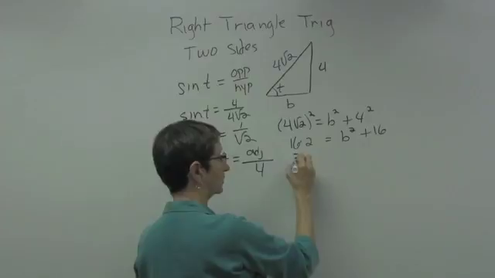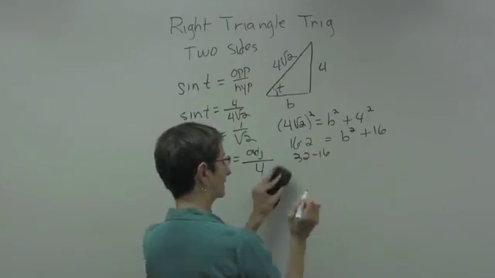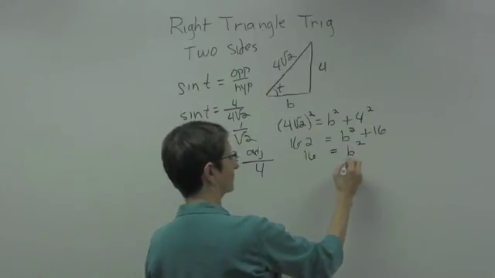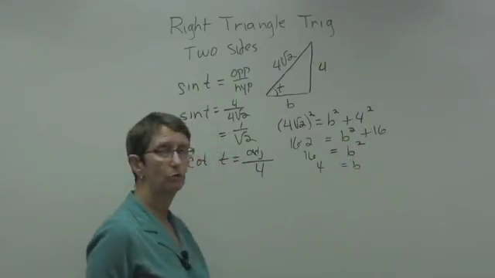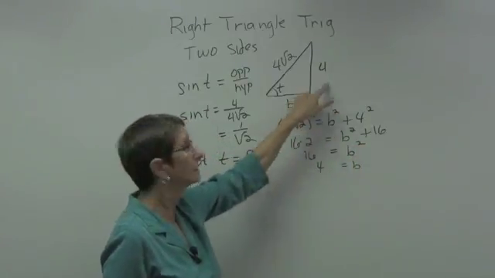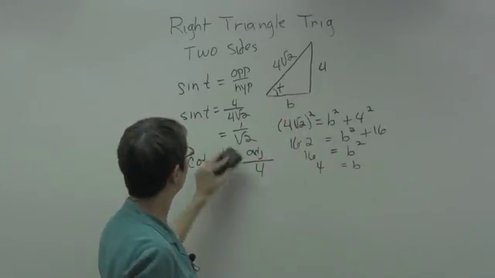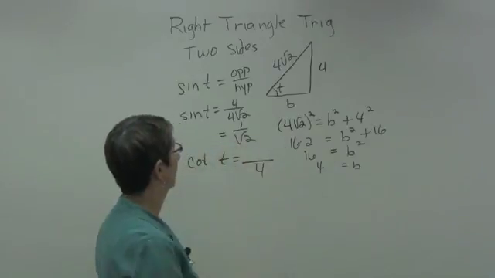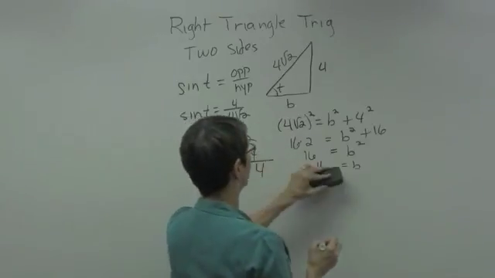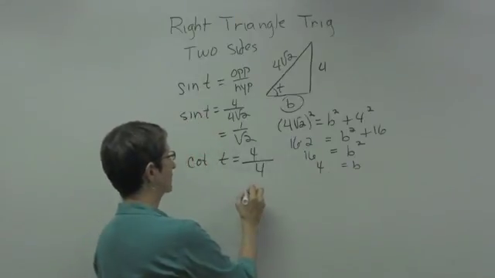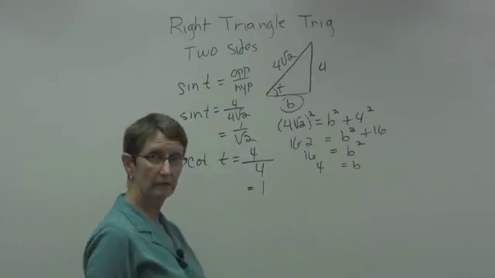So 32 minus 16 gives me 16 equal to b squared. So b is equal to 4. Whoa, b is the same as a. So I have 2 sides that are equal. My numerator is 4, so my cotangent of t is equal to 1.